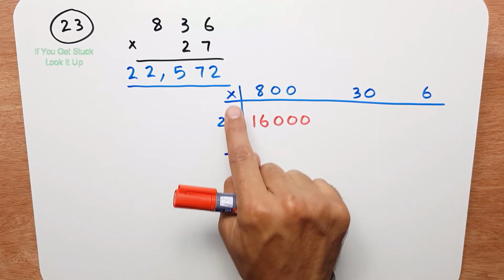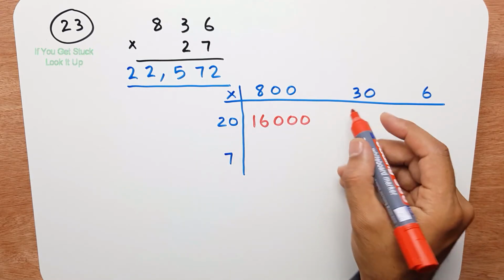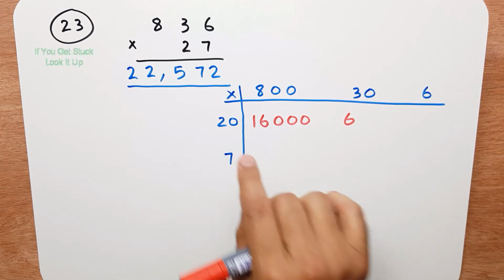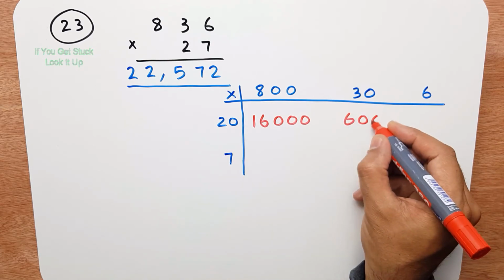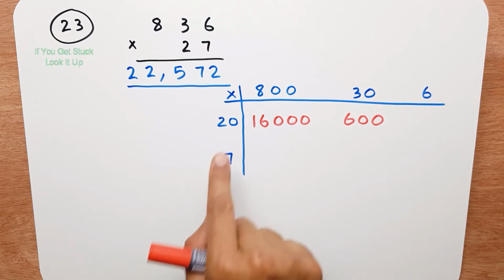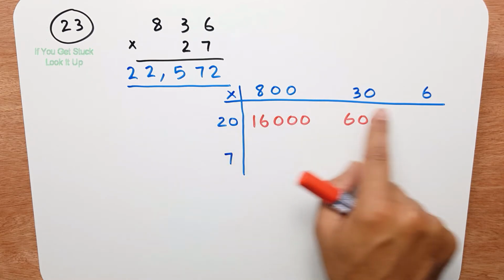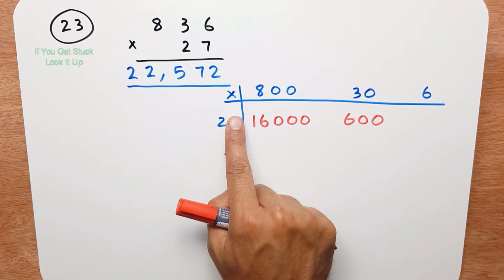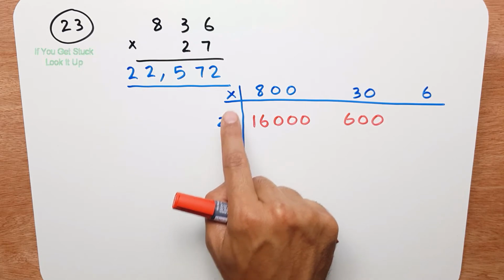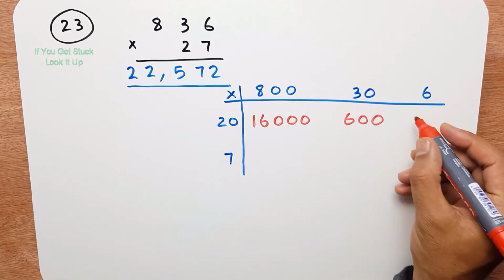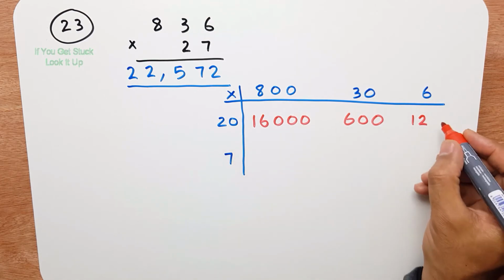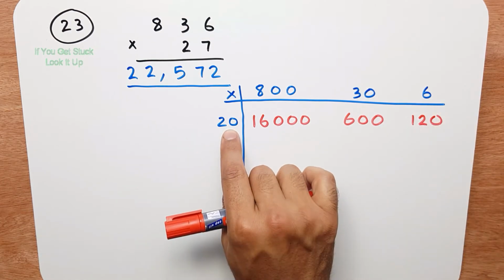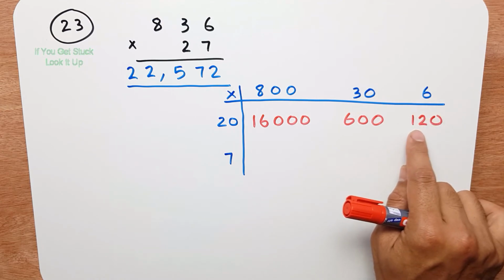So I do 2 times 3, which is 6, and I bring these 2 zeros back. Now I do 20 times 6. So I'm going to hide this 0. So I do 2 times 6, which is 12. And then I simply bring this 0 back. So 20 times 6 is 120.